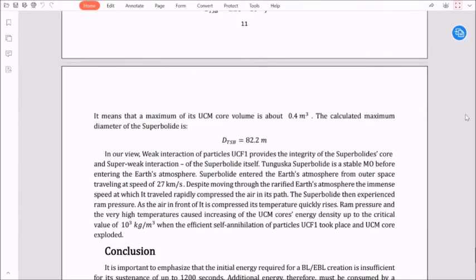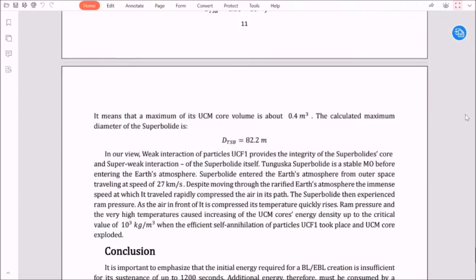We calculated it before. In our view, weak interaction of particles UCF1 provides the integrity of the superbolide's core and super weak interaction of the superbolide itself. Tunguska superbolide is a stable macro object before entering the Earth's atmosphere.